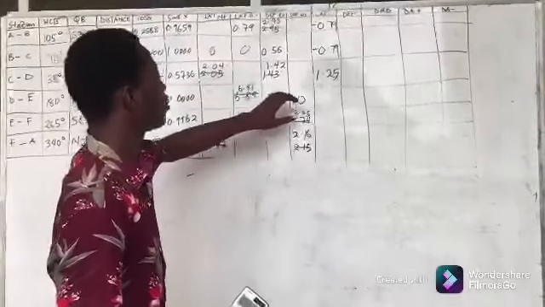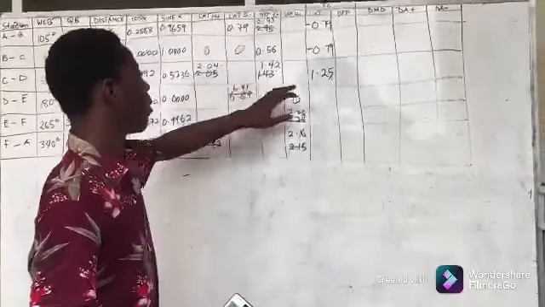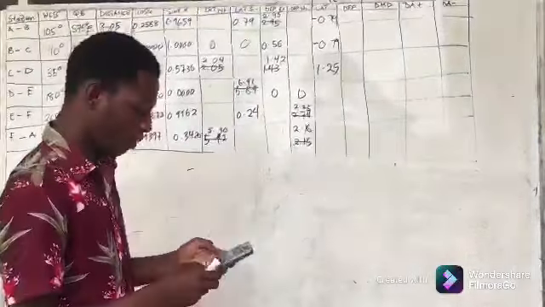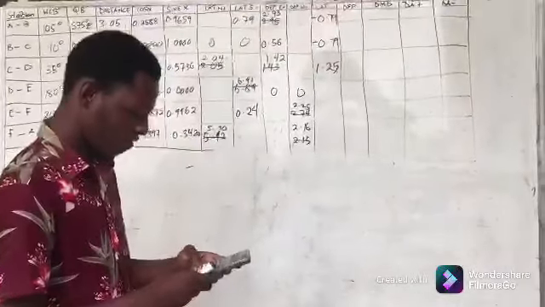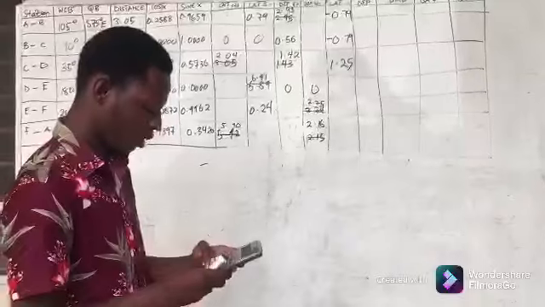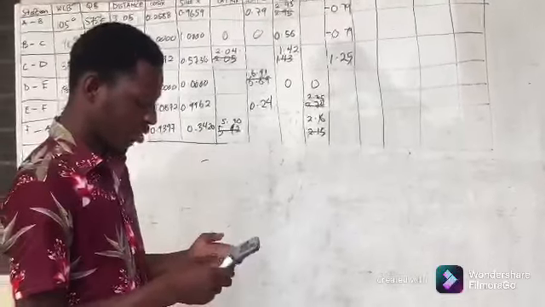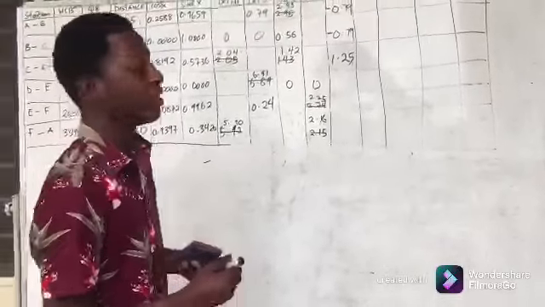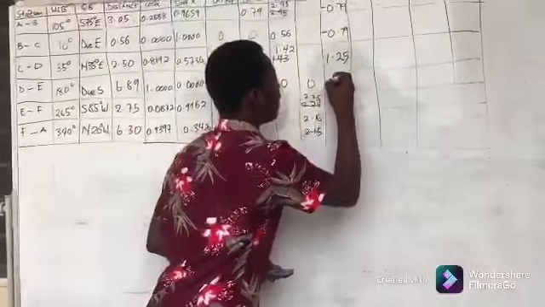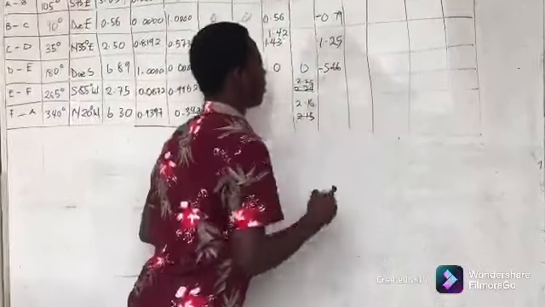So I have to subtract 6.91 from 1.25. So 1.25 minus 6.91 will give me negative 5.66.